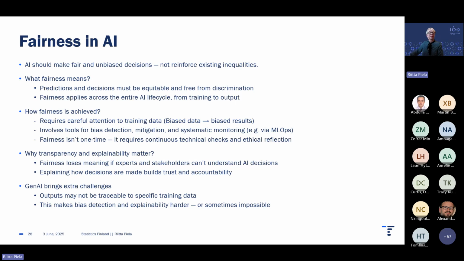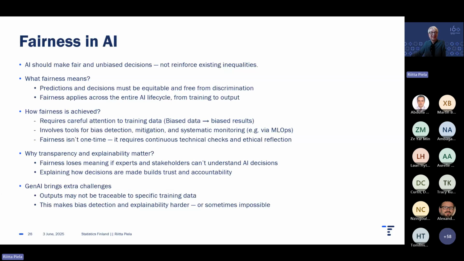AI should also make fair and unbiased decisions. Fairness means that predictions and decisions must be equitable and free from discrimination, and it applies across the whole AI lifecycle, from training the model to output. How do we achieve this fairness? It requires really careful attention to the training data.